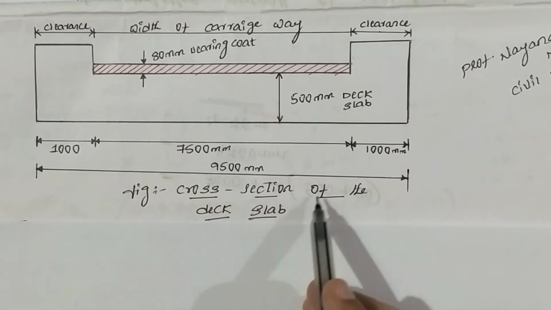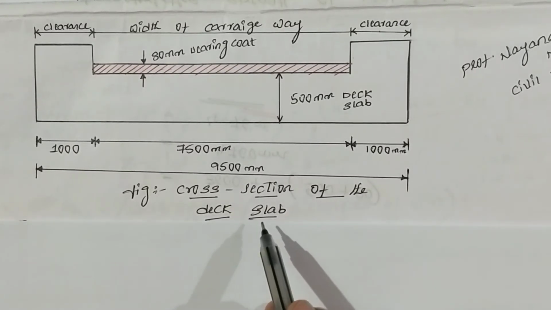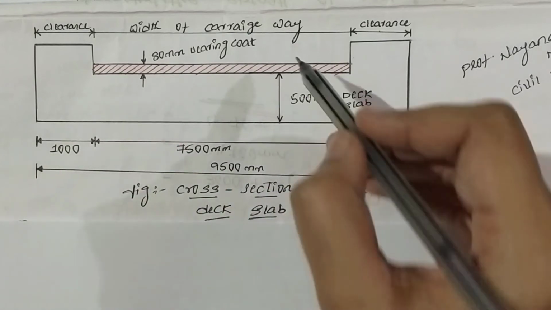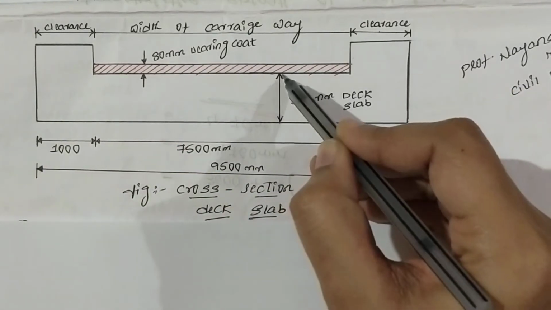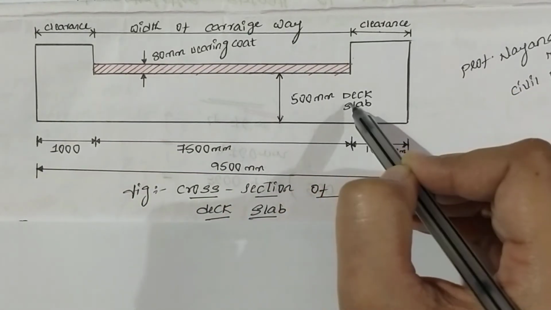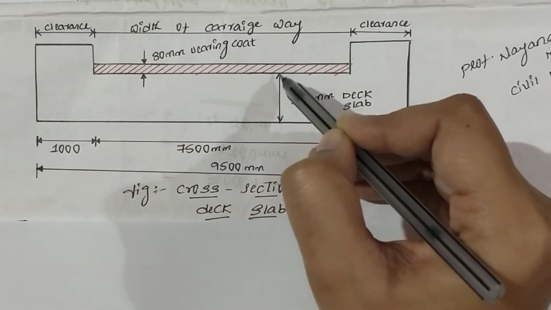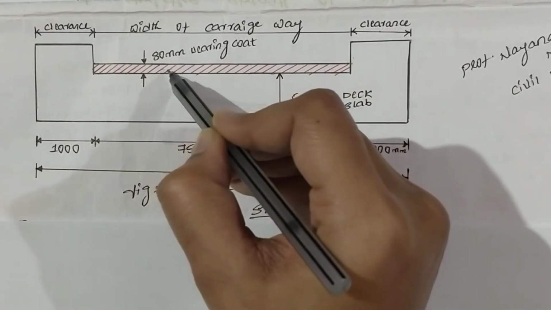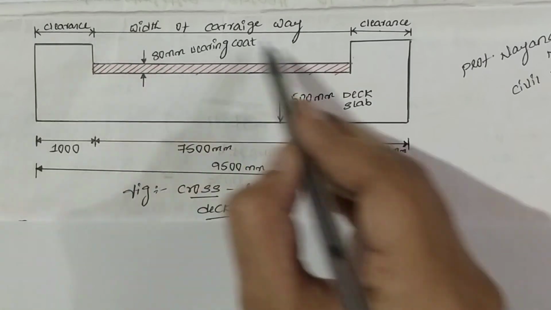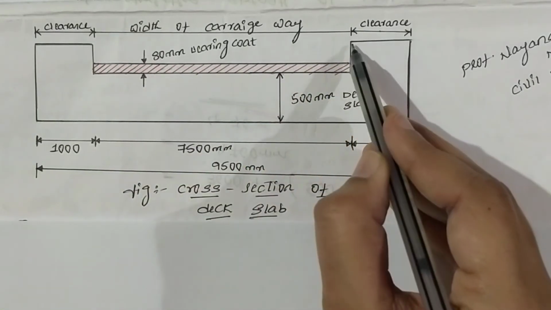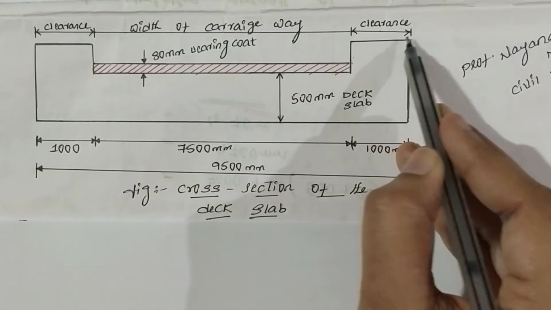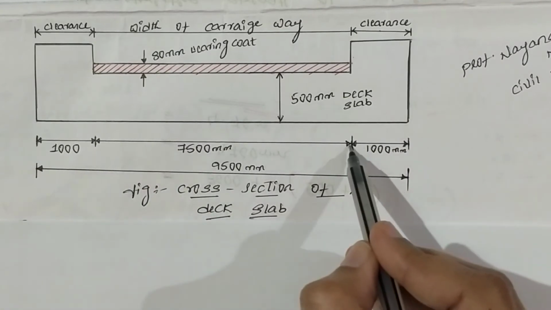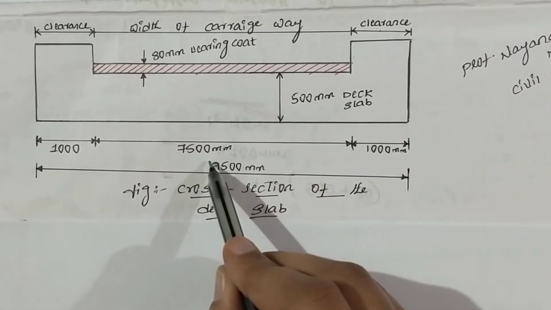See, this is the cross section of the deck slab. This is the overall depth of the deck slab, that is 500 mm. On the top of that, the wearing coat, the thickness, it is what? 80 mm. From here to here, it is the width of the carriageway, and the clearance or the footpath. The width of the carriageway they have given in the problem, that is 7.5 meter.